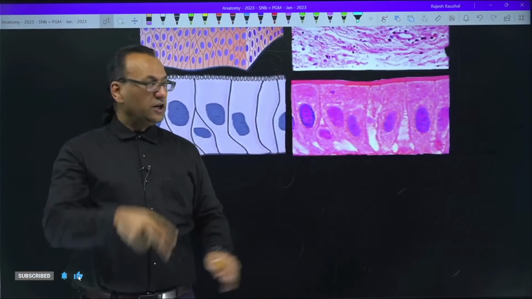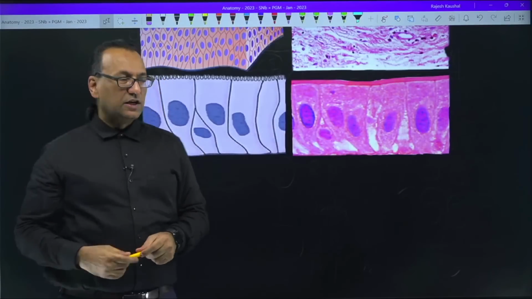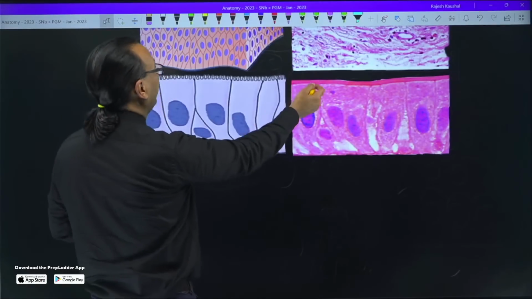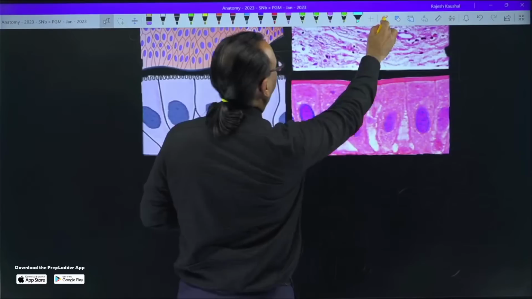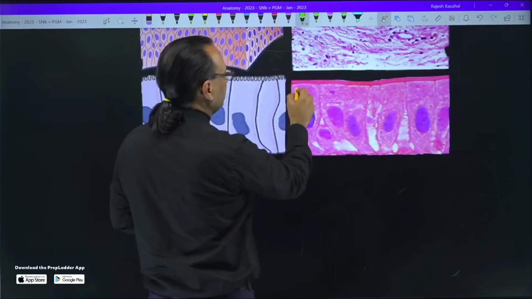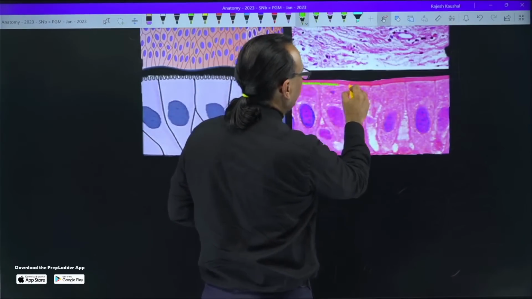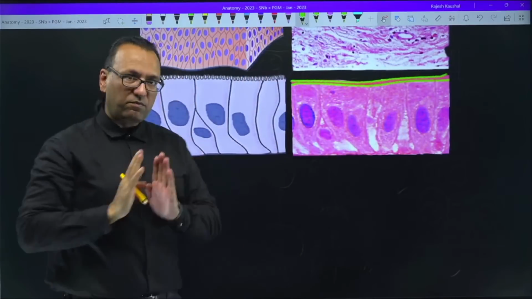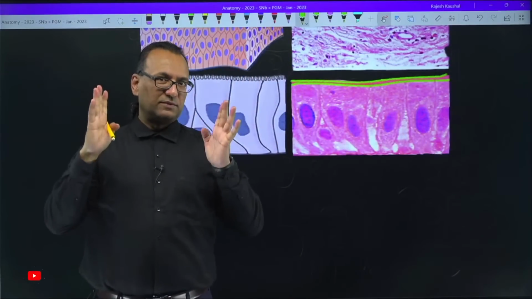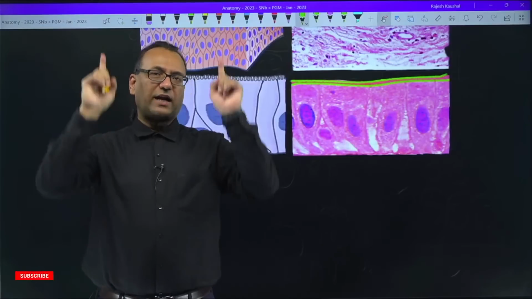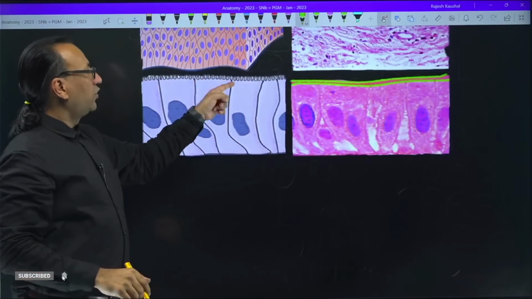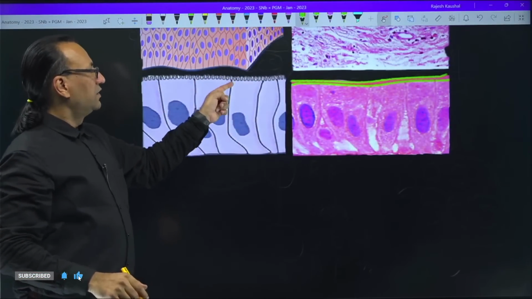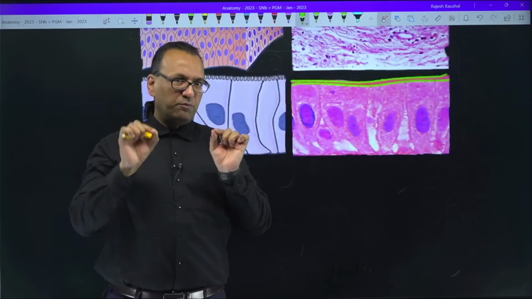Train your eyes to identify this type of surface modification. And what is that surface modification? You will notice that there is a thin pinkish line which is not as high as cilia. It is not the height of cilia, it is microvilli. This is microvilli. It gives you a pinkish appearance.